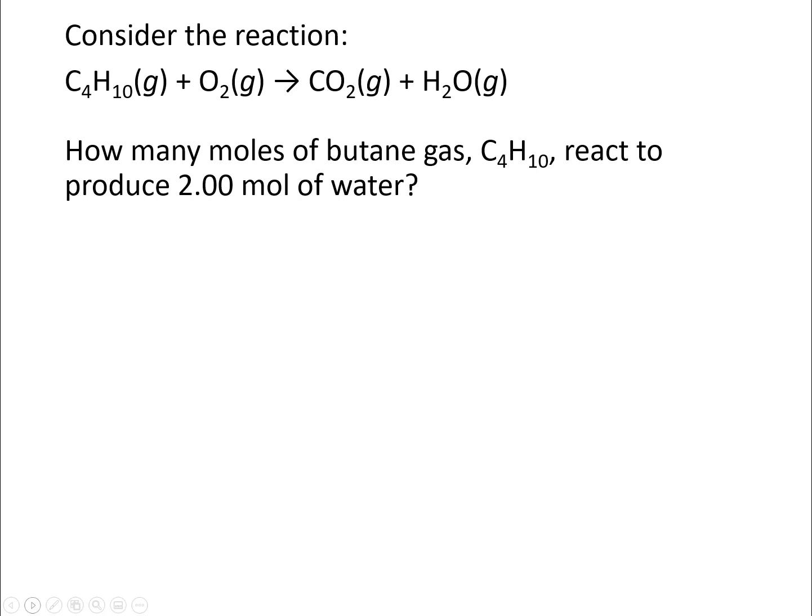So how many moles of butane gas react to produce 2 moles of water? This again is an unbalanced equation. We have to balance it.